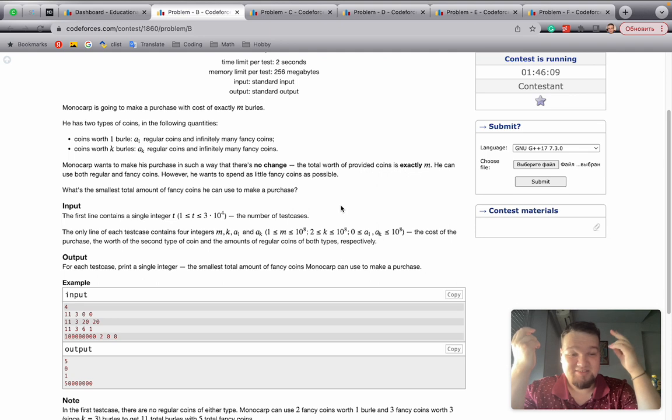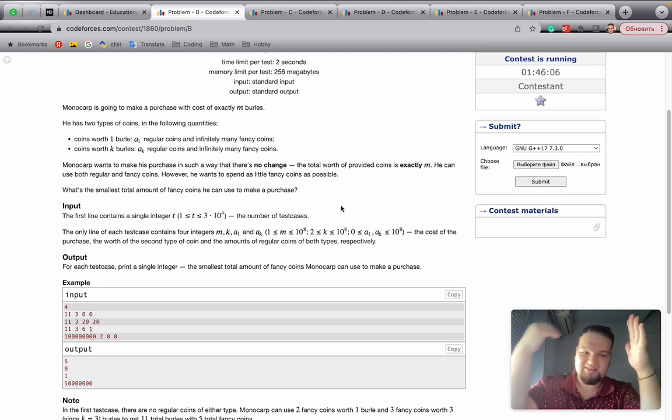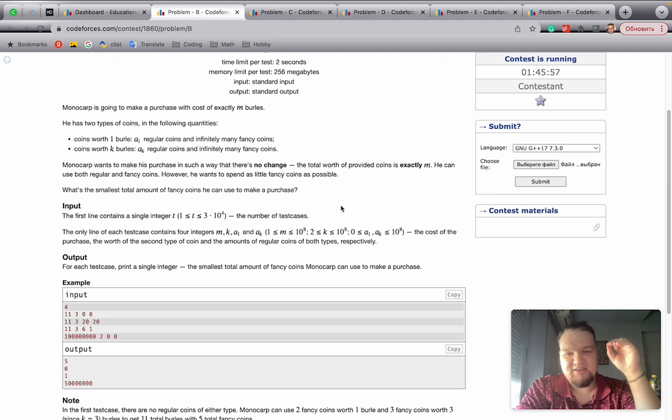But that actually means that there are only two options: the maximum number of regular coins worth 1 with the correct remainder modulo K without using any fancy coins, or K more coins that will use fancy coins, but some small number of them, less than K. Increasing further doesn't make sense, decreasing also doesn't make sense, so we only have two interesting options. And we should just check both of them and see which one is better.